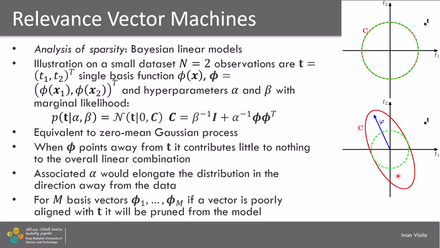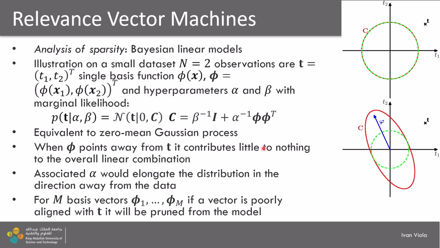So it is actually somehow wasting the probability distribution in directions where none of our output values are really located. So ideally, we want all these vectors which will be elongating our ellipse towards the direction of the t. And those will be valuable vectors, and those which are orthogonal to it are more useless.